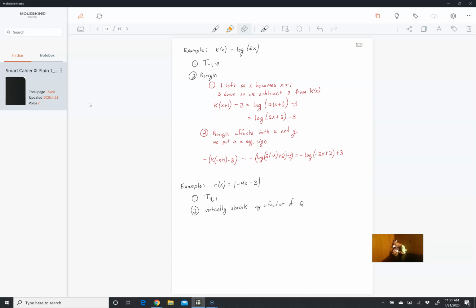Okay, you should try this on your own. This is the 4th one. You should try it on your own. So the first thing that we're going to do is translate. So this says that we're going 4 right. X becomes x minus 4. And we're going 1 up.